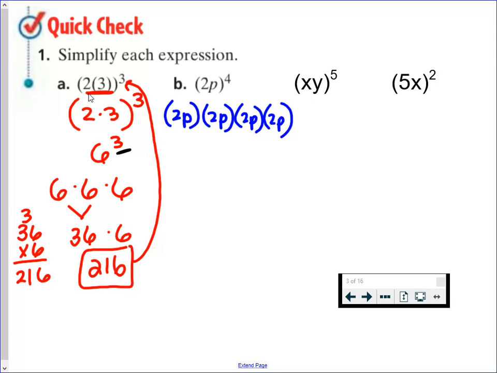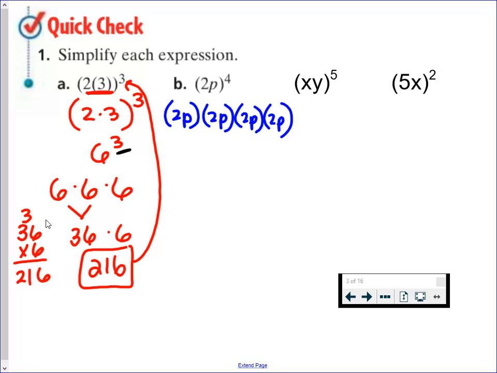Four 2 times p's. And then somewhere along the line, someone remembered, well, can't I go out of order when it's multiplication? Yes, of course I can.